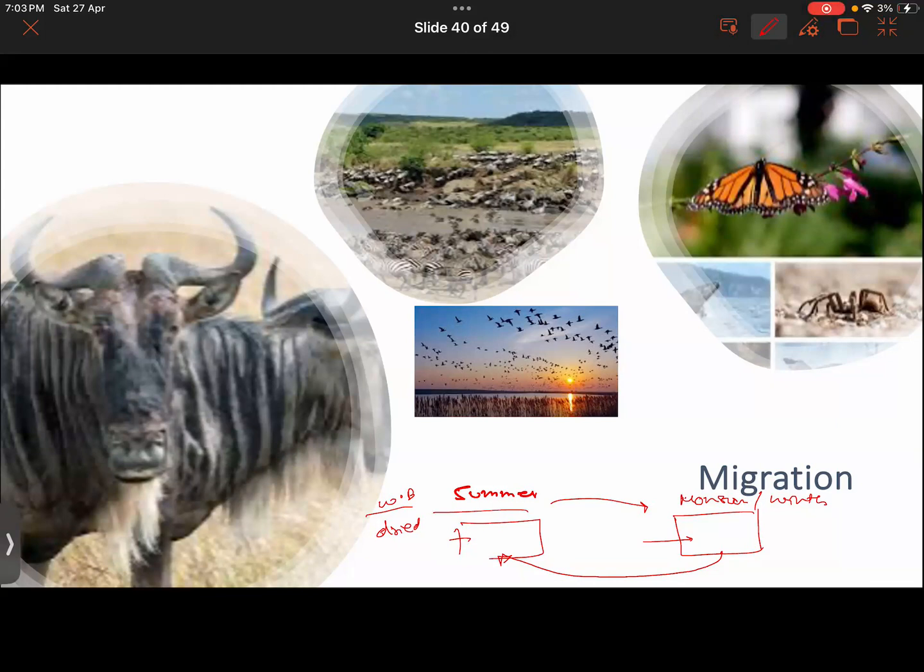So it is information that keeps being passed on in the animal from their ancestors. That's how they do migration. The information is passed from the ancestors about where they should migrate to search for water. Okay. Getting it?